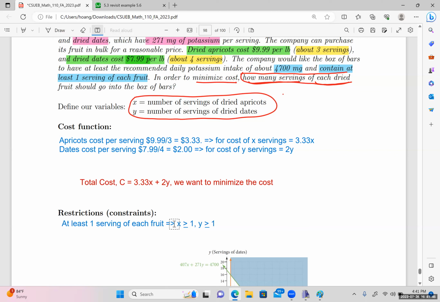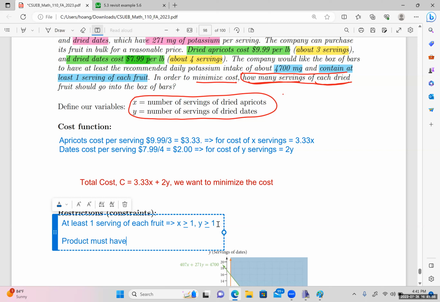So the product must have at least what else? Let's say the product must have at least 4,700 milligrams of potassium.